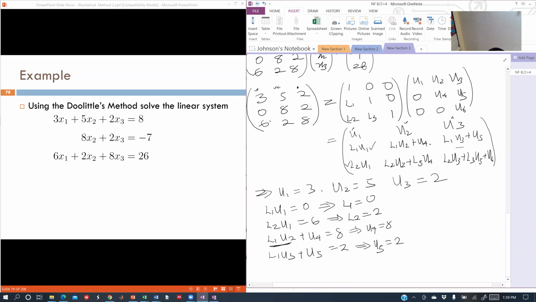So then next is this particular term here. I have L2 U2 plus L3 U4 is equal to, the entry there is 2. But what do I have to my credit?